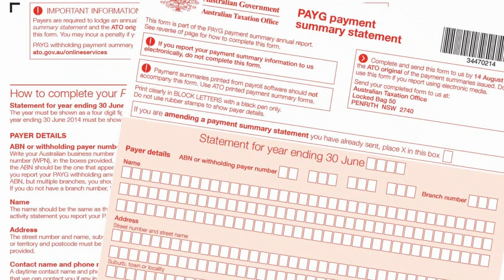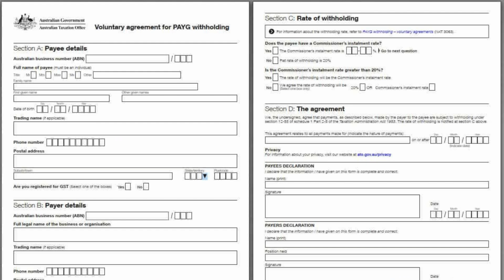Businesses may also need to register for pay-as-you-go (PAYG) withholding if they employ staff. This is required when the business withholds tax from employee wages. In some cases, if a contractor does not provide an ABN, the business must withhold tax under the No ABN withholding rules.